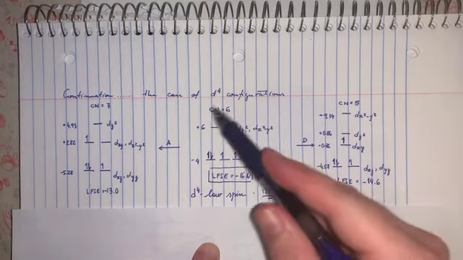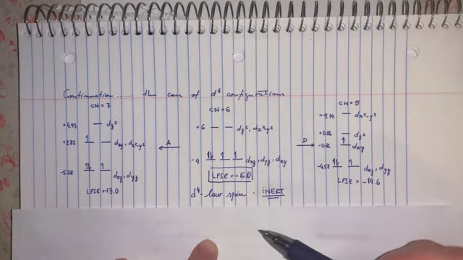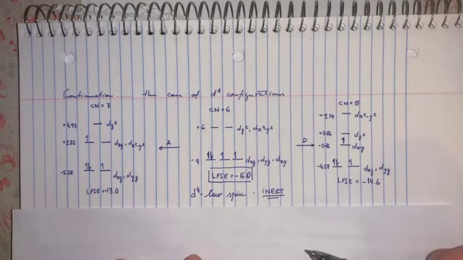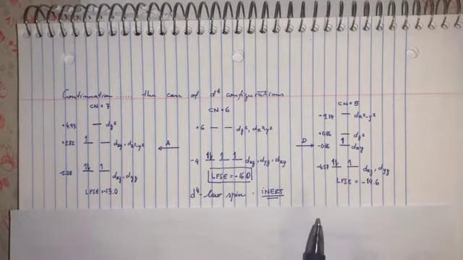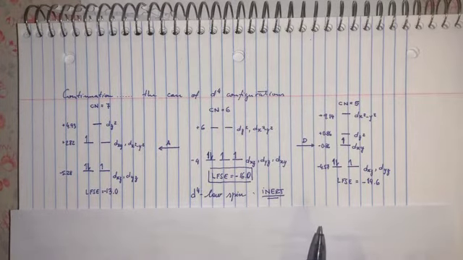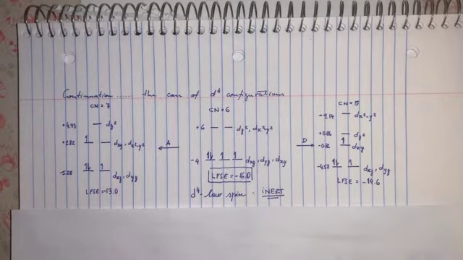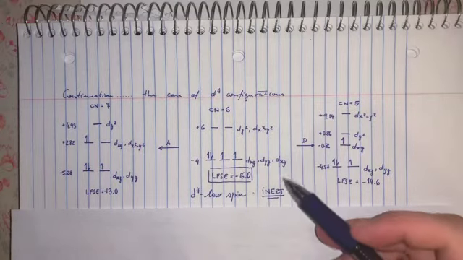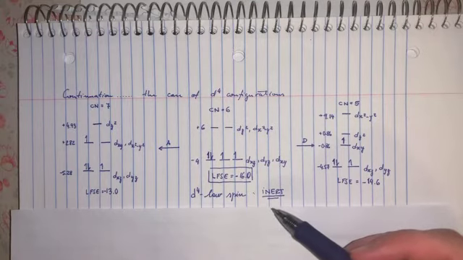Okay, because the octahedral geometry is the most stable between the three. Okay, so the low spin is one of the two possibilities.